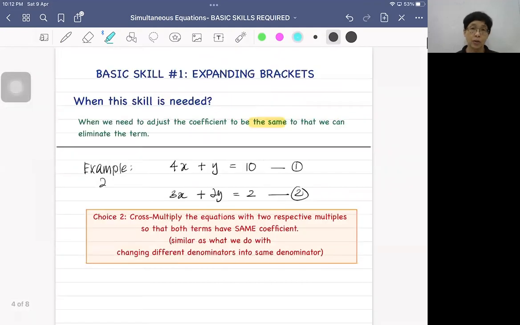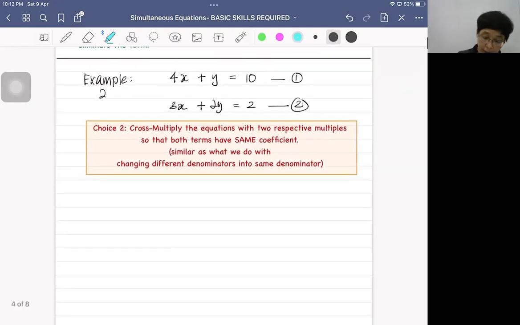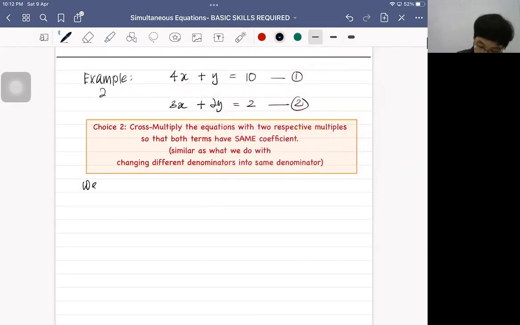In another case that we may encounter, let's say we do not want to adjust the y, but we want to eliminate x.